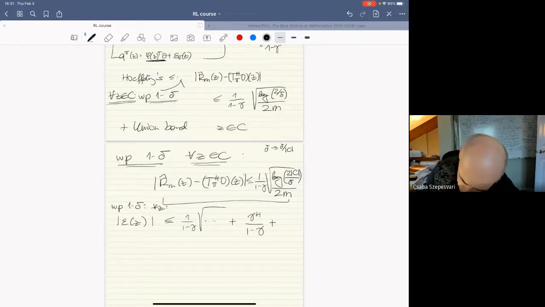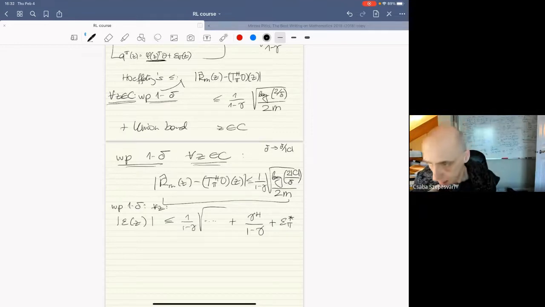And the final term is just the approximation error that we inherit because we are using features.